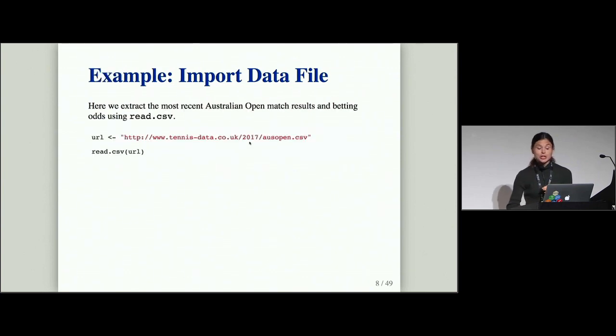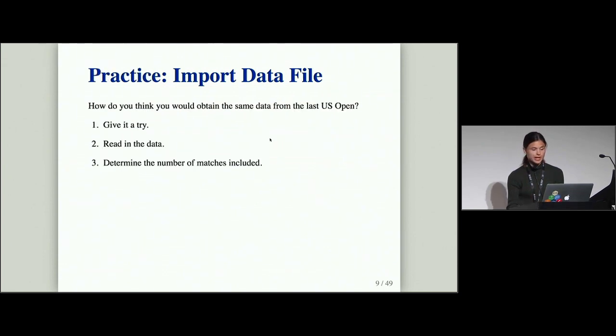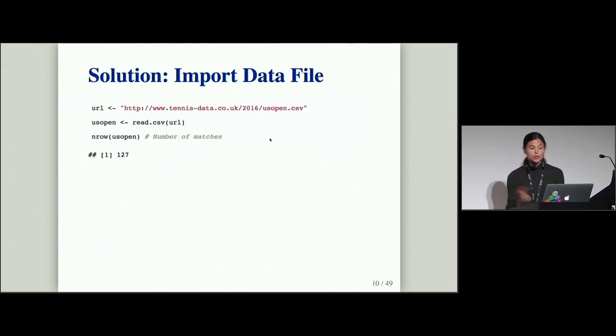Delete the A. So you're guessing that, okay, they probably all follow this pattern where it's year, tournament name, and if this is the name for the Australian Open, then maybe the US Open is just the US Open. And you would be right. An easy way to check that is to actually open up a browser to see if that location exists and that file is there with the format that you expect.